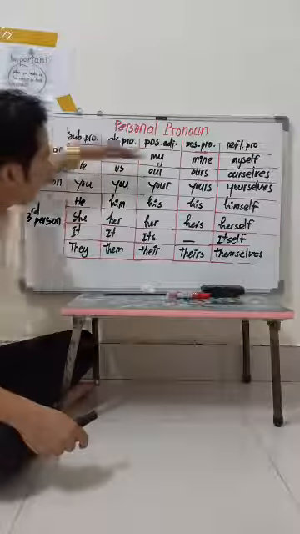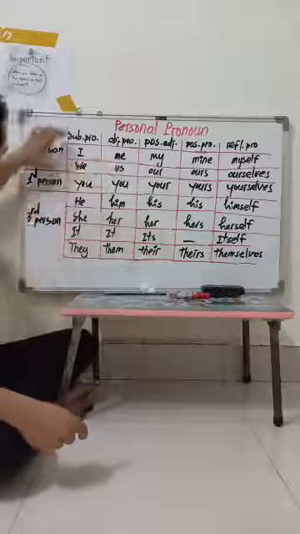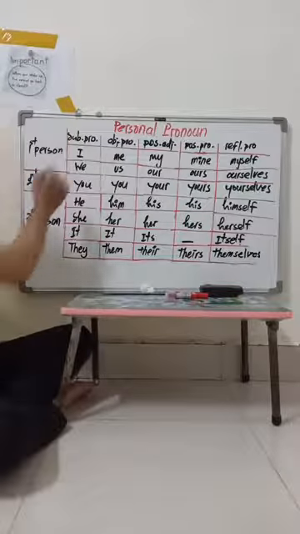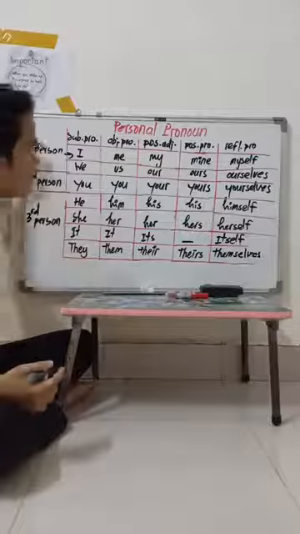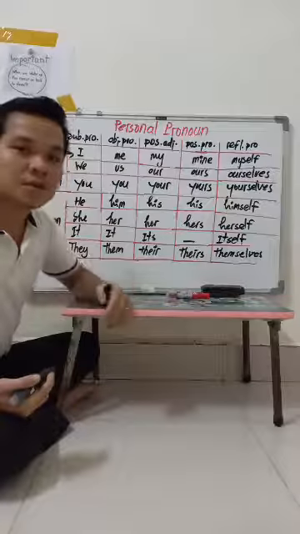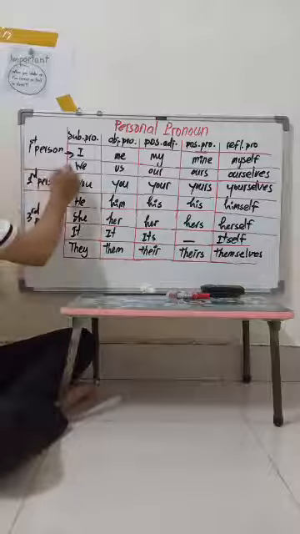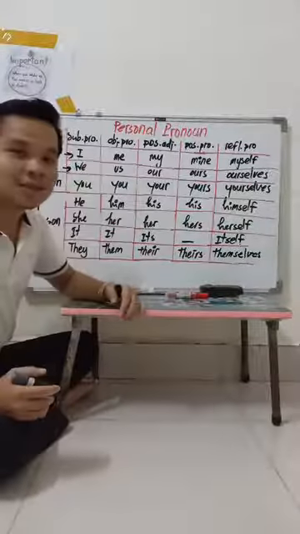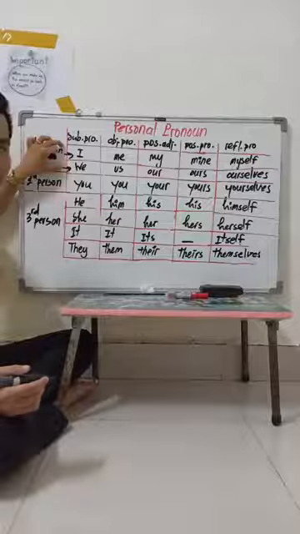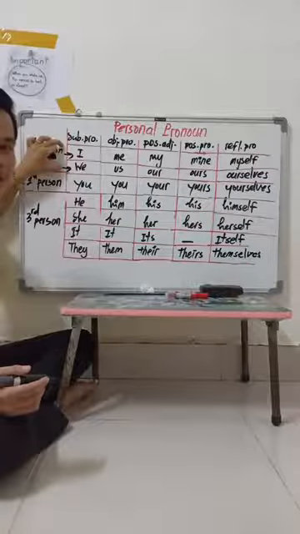You can see one column and another column. Only one first person. This column is singular, we use it for singular, and this we use for plural. Both of these are first person. We call it first person.